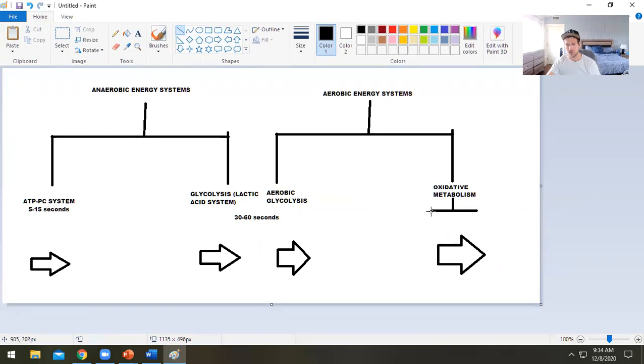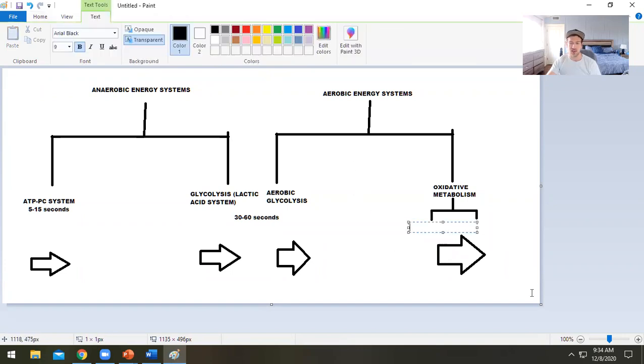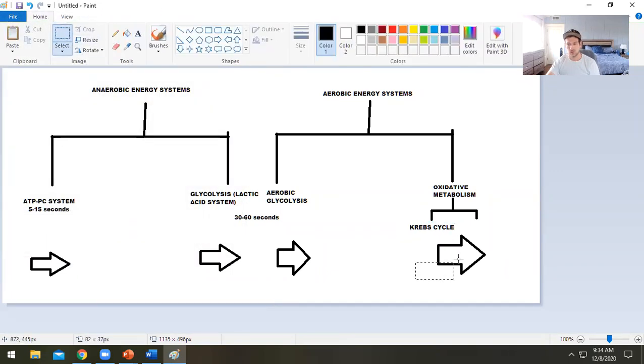Why is this so difficult? This is going to break down into the Krebs cycle, which is here. I'm going to delete this arrow. Doing this on Paint, I should be using Photoshop. It'd be a lot easier.